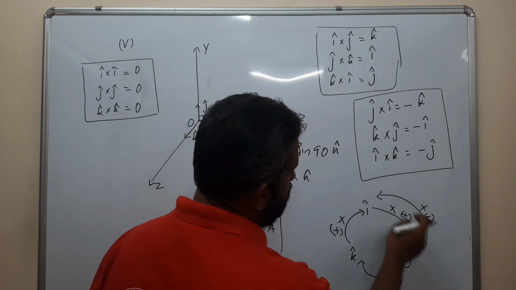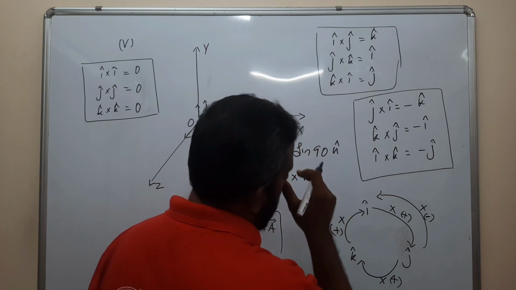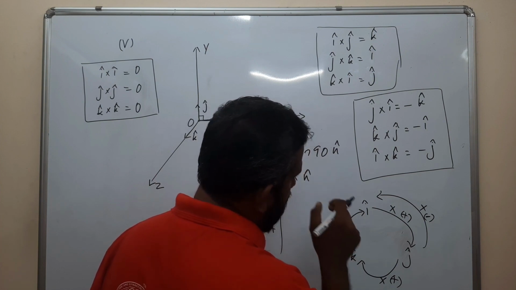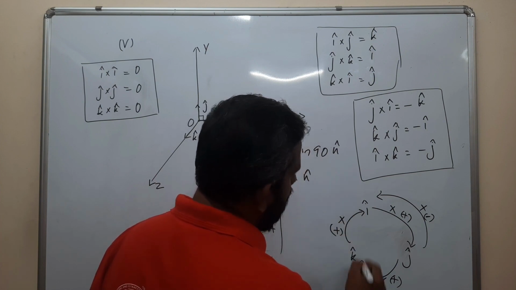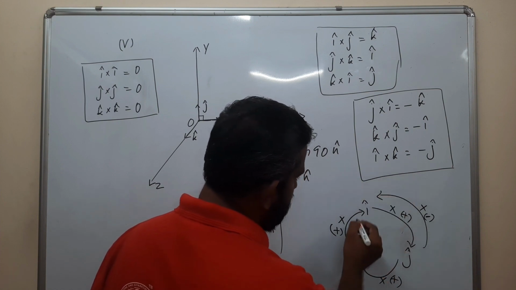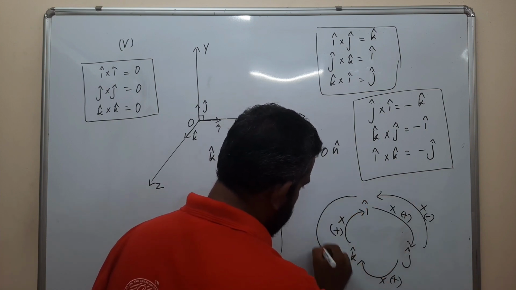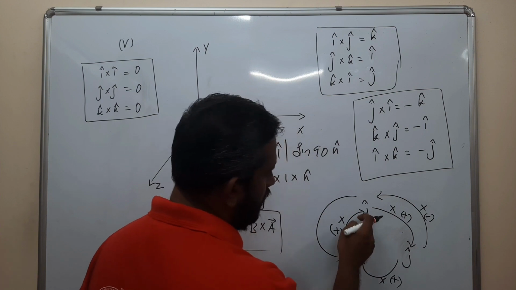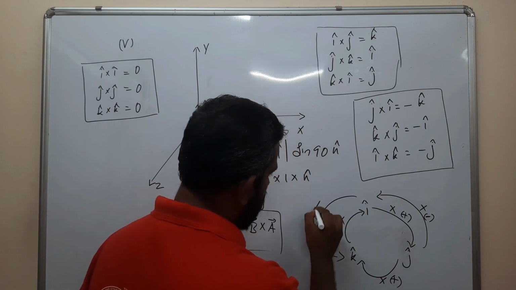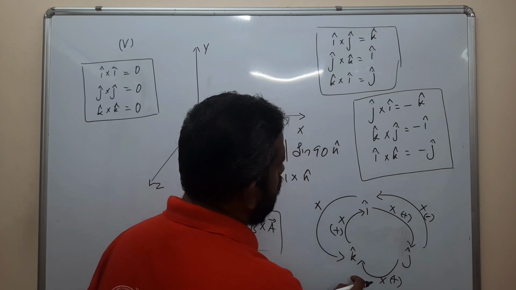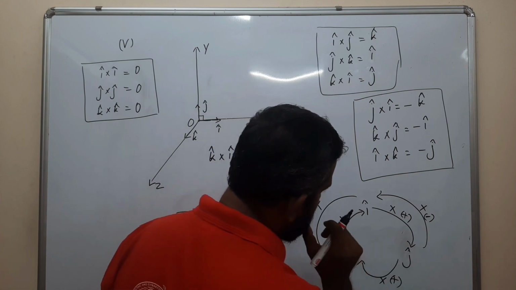Then I cap cross k cap, so we will get minus I cap, no, minus j cap as per the cycle.